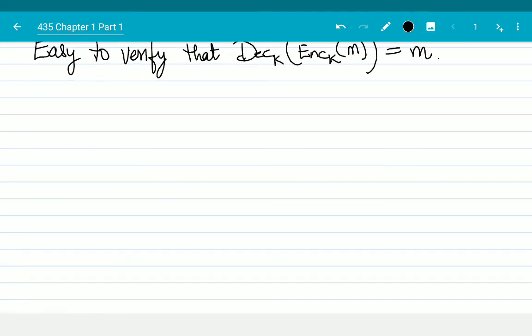So now, while we haven't yet actually defined what it means for a code to be secure or not, we want to know, hey, is this really secure?